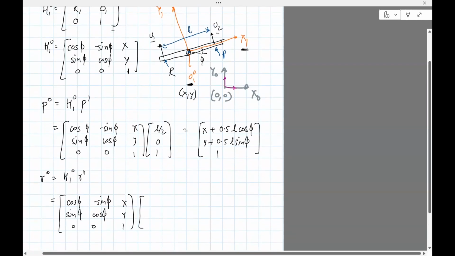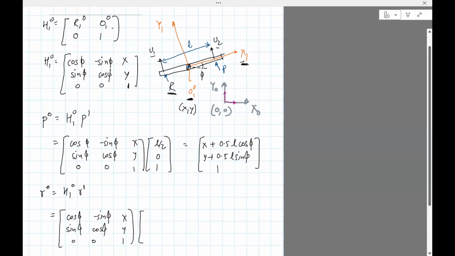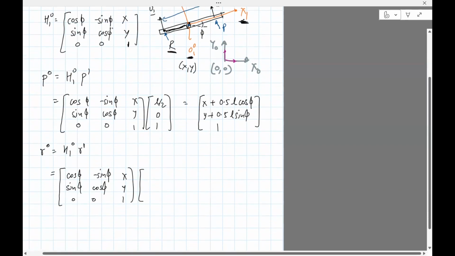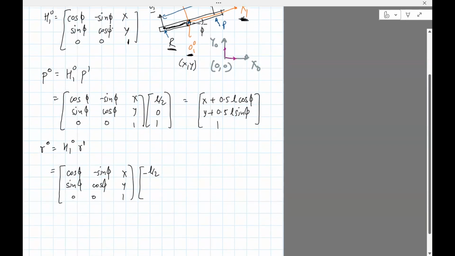Now we need the position of this point in frame 1. But you can see that this point here is along the negative x1 direction with a length of L divided by 2. So it'll be negative L divided by 2 along the x1 axis, 0 for the y1, and 1. Carrying out the multiplication gives x minus 0.5 L cosine phi.